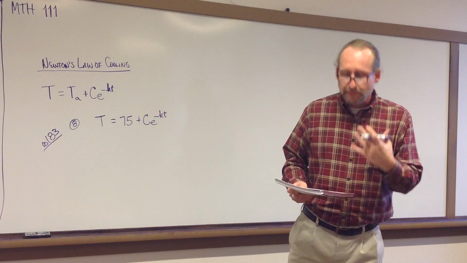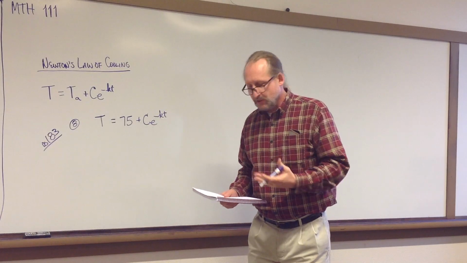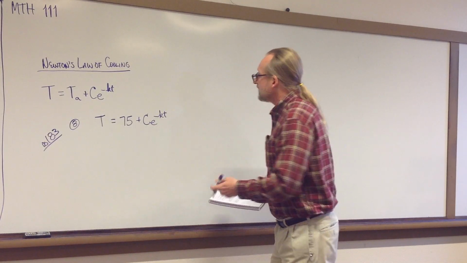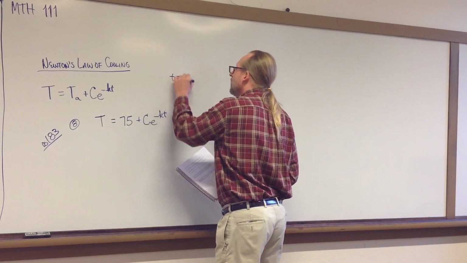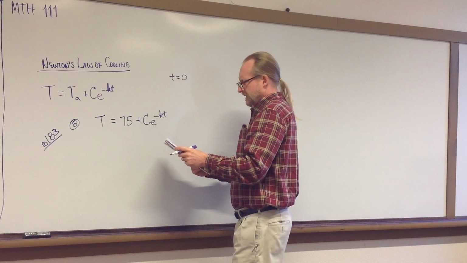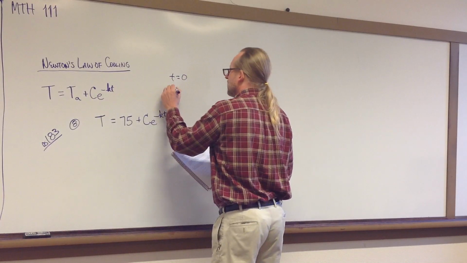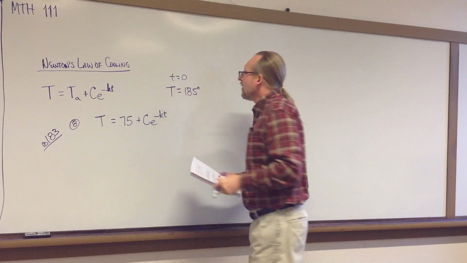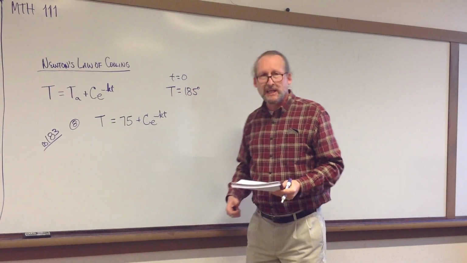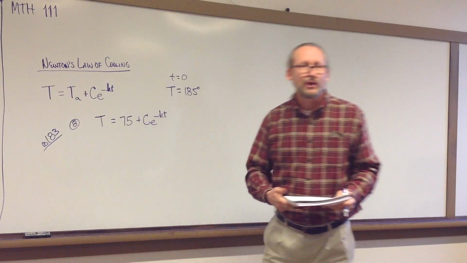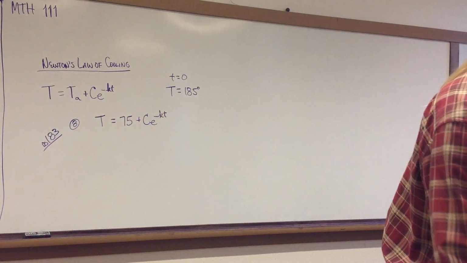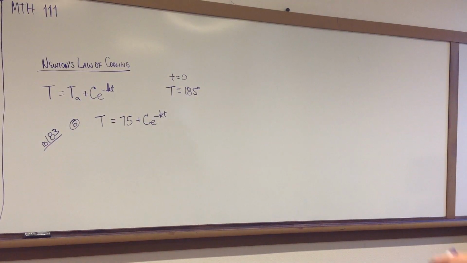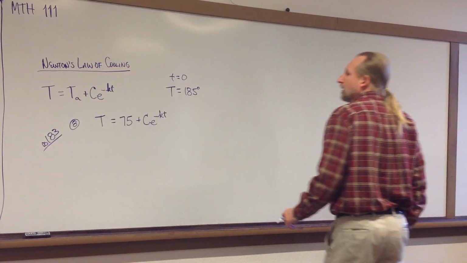Now the other piece of information in this description is that at t equals 0, we know that the turkey temperature is 185 degrees. So we can plug this information in, and that's going to allow us to solve for that big C constant. So let's go ahead and do that.